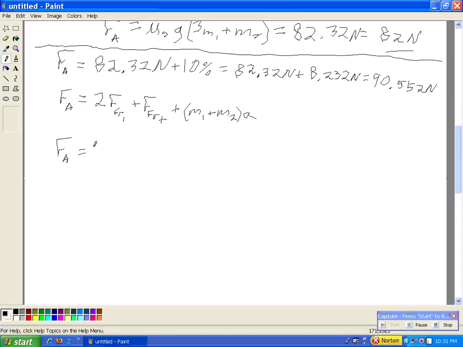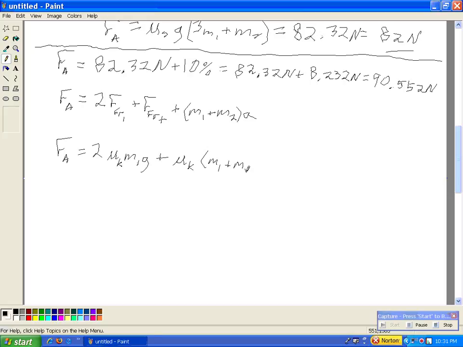So this is 2 times mu. This time it's moving, so we take the kinetic, and that's m1 g plus mu kinetic, and it's the combination of the masses because they're both on top of the table.